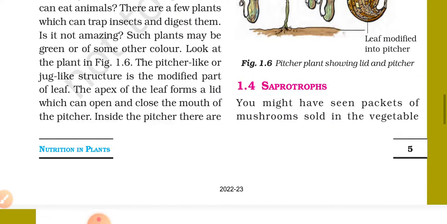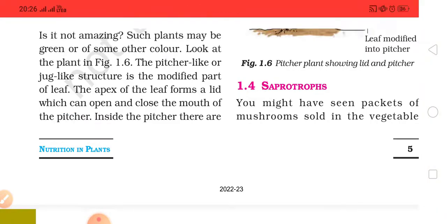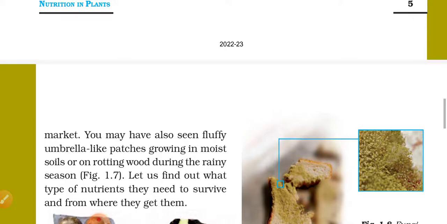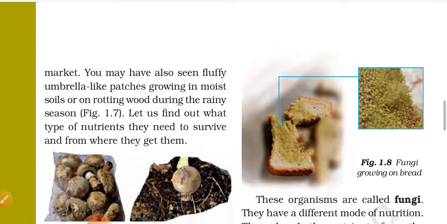Now 1.4 Saprophytes, saprotrophs. You might have seen packets of mushrooms sold in the vegetable market. You may have also seen fluffy umbrella-like patches growing in moist soil or on rotting wood during the rainy season.